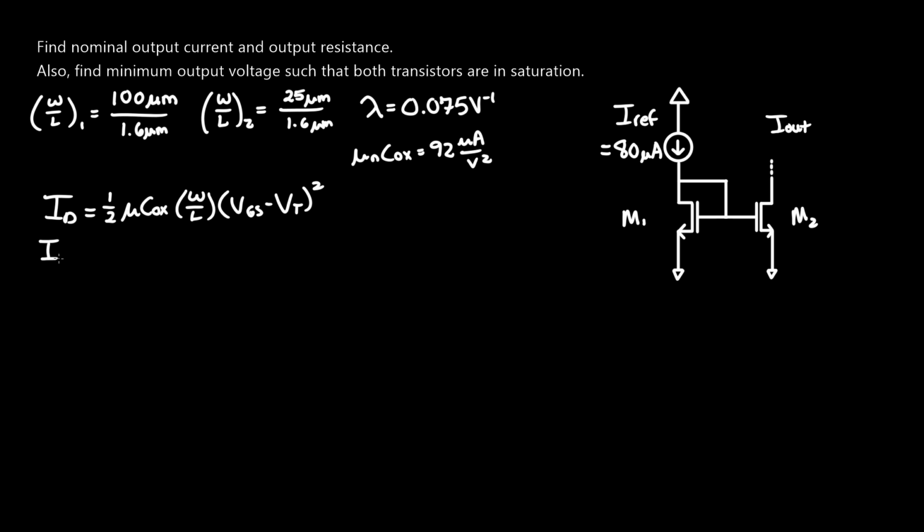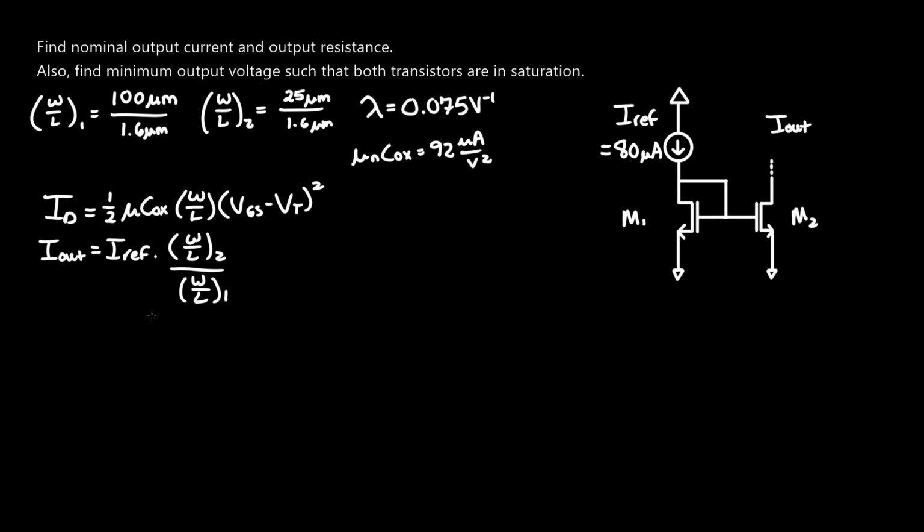Doing that, we have I out equals I reference times the width over length ratios. Due to the fact that these are both NMOS devices that have the same device characteristics, we wouldn't need to include anything else from the ID equation.